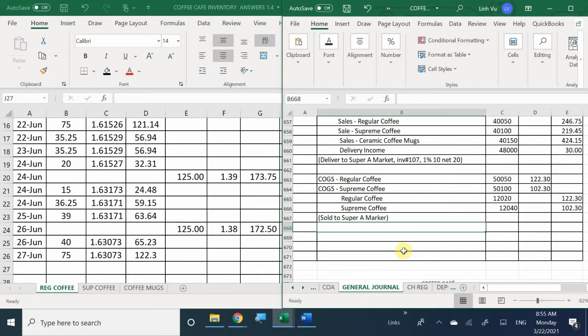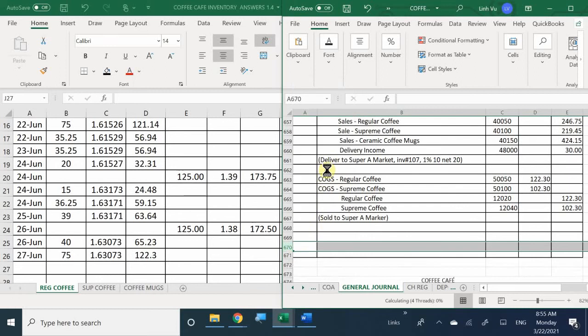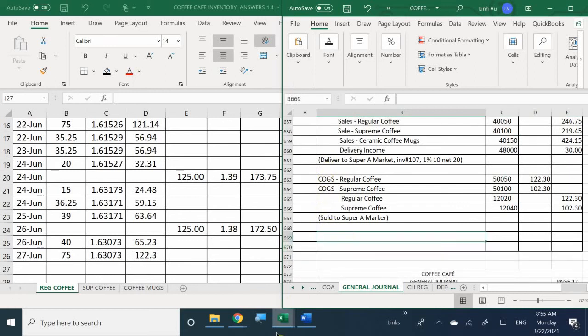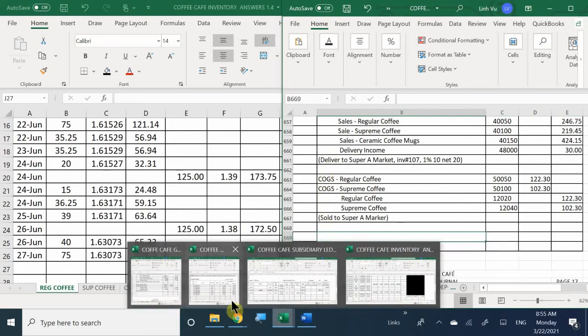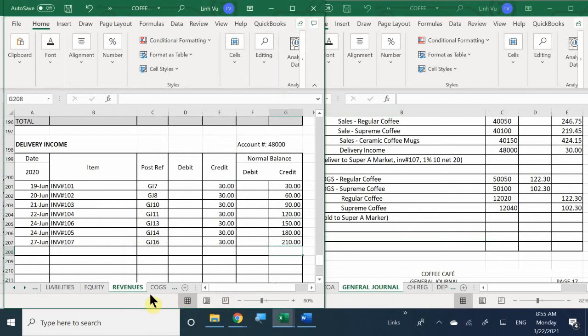Okay. So what's next? Major ledger. So we have the cost of goods sold.